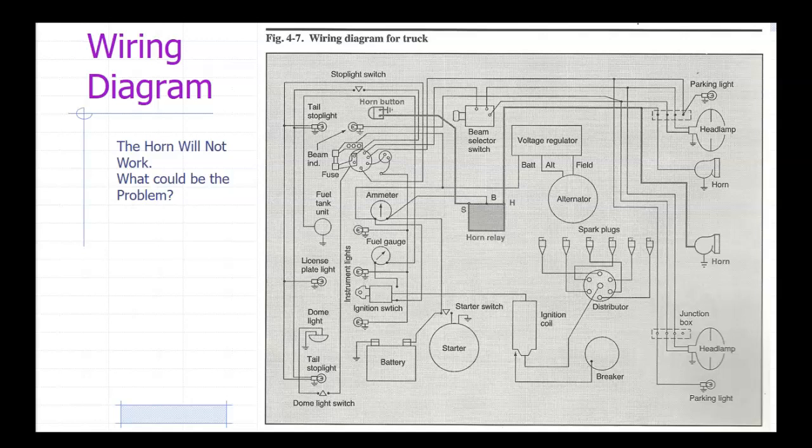I have a secondary horn right here. I'll line it in a different color here. So I'll start following it. It looks like it goes the exact same place. Back to that relay. So I might need to check the relay. But the relay's fine. So then I start looking here.